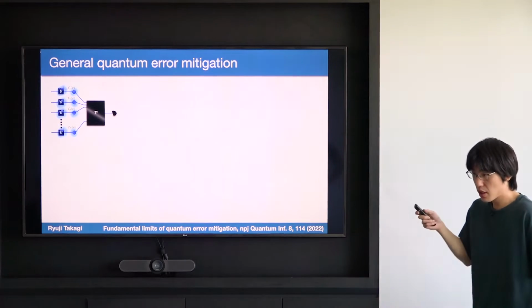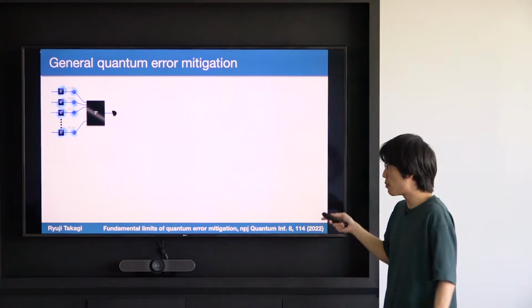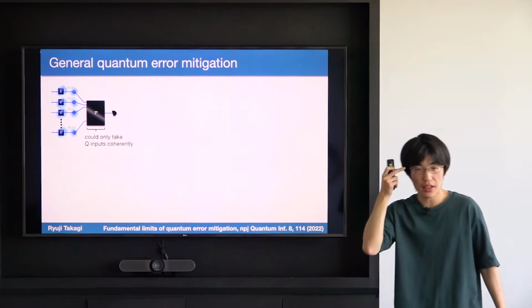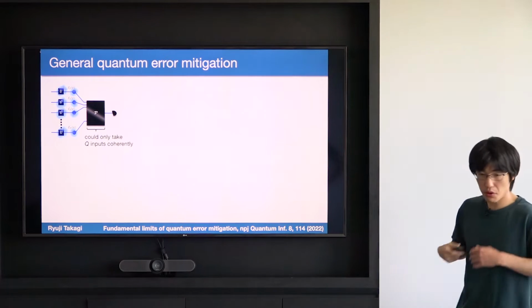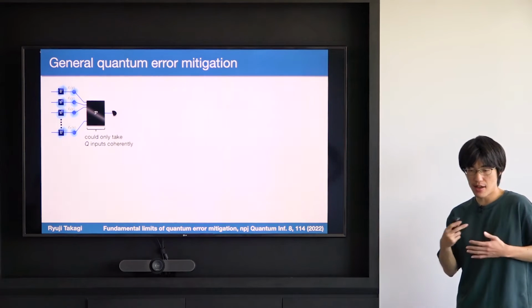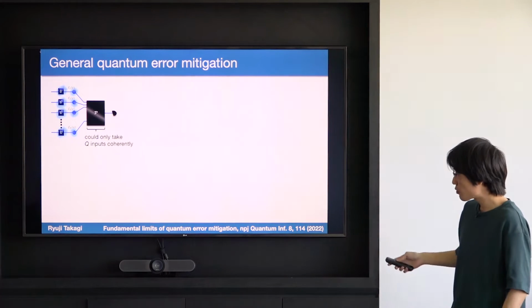Okay, so this was a general framework, but we could say a bit more than that by taking a look inside of this black box quantum process to help us classify the error mitigation techniques further.